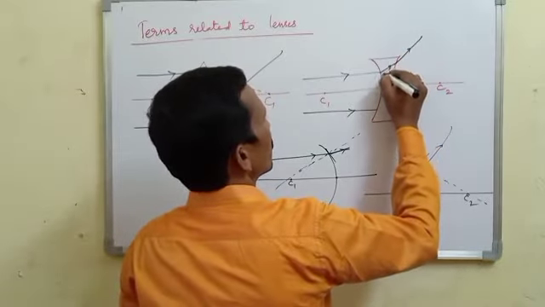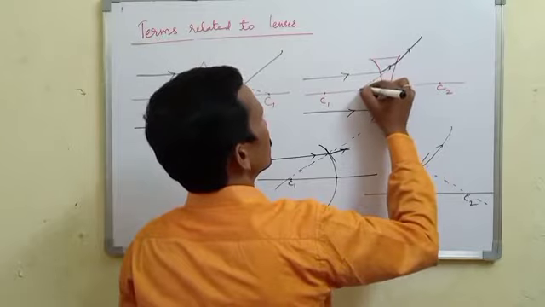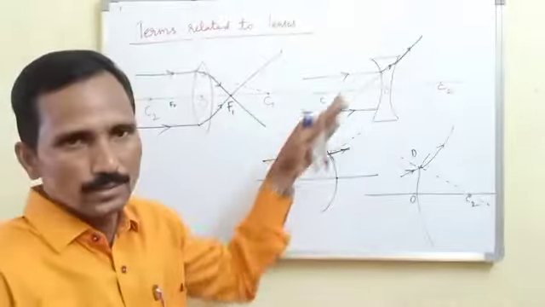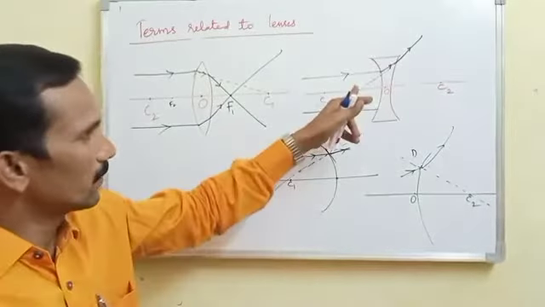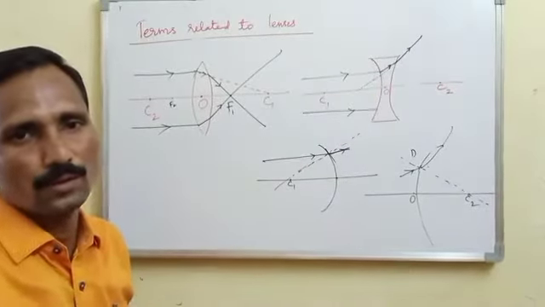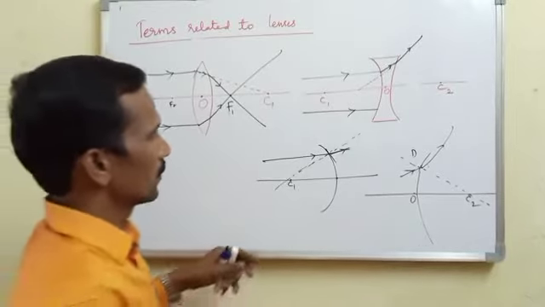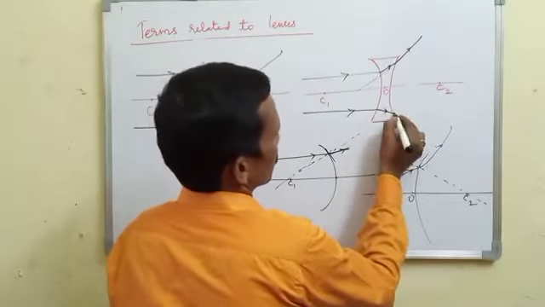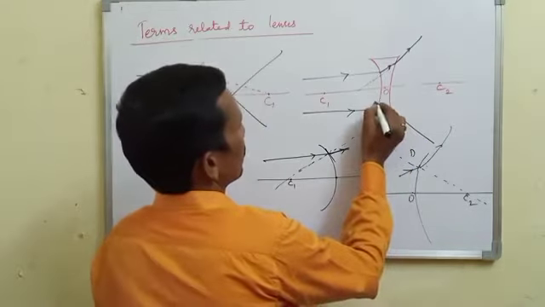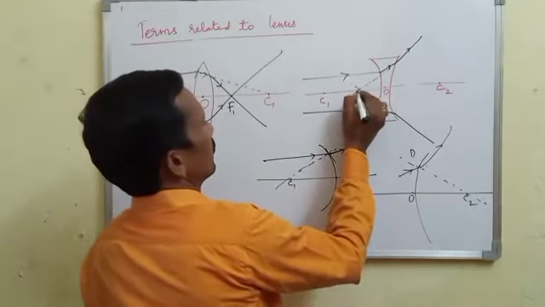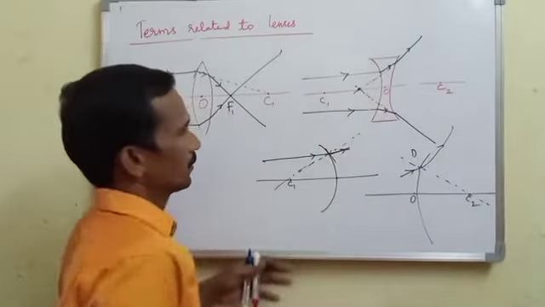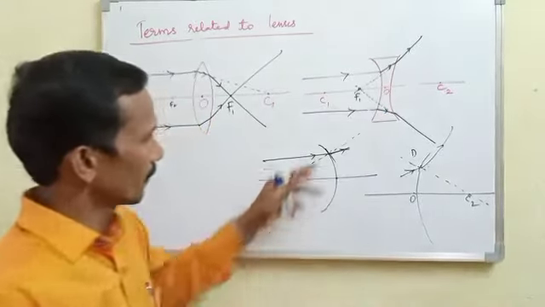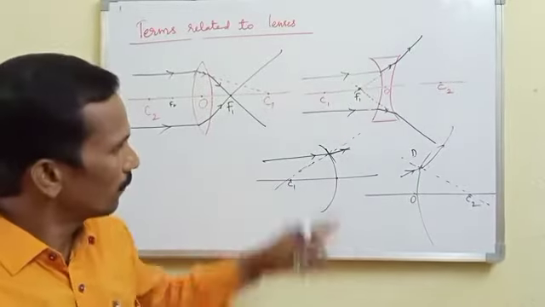We extend back. The diverging light rays should be extended backward, and they meet on the principal axis. Like this, here also it diverges. If you extend the refracted rays backward, they meet at a point. That point is called the focus or focal point.